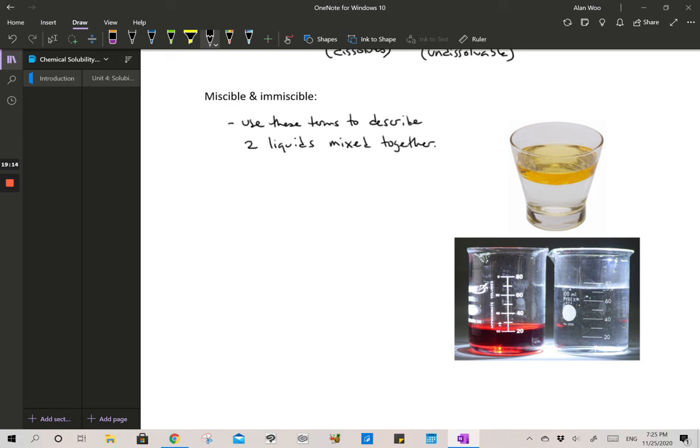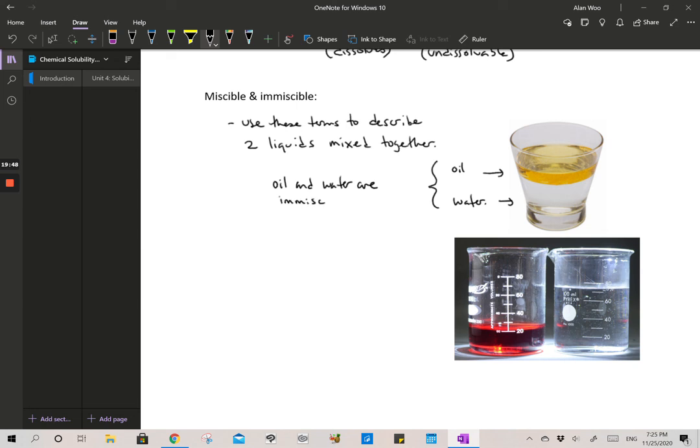Okay, so the first one, in this little image here, you see some oil and you see some water. Now we know they don't mix. Oil floats on top of water. Okay, so in this case here, we say oil and water are immiscible.